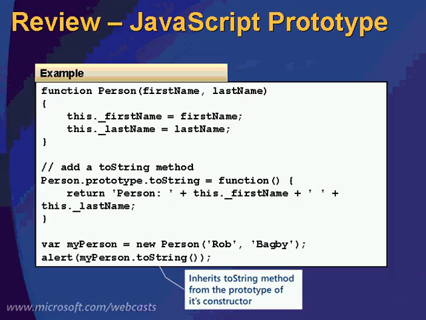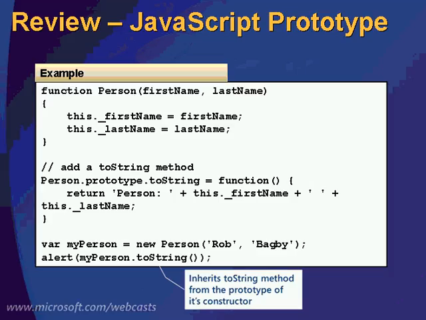What you'll see below that is an indication that our constructor function, in fact every function, has a prototype. Down here you'll see person.prototype. I'm essentially accessing the prototype of my person constructor function and adding a method to it.